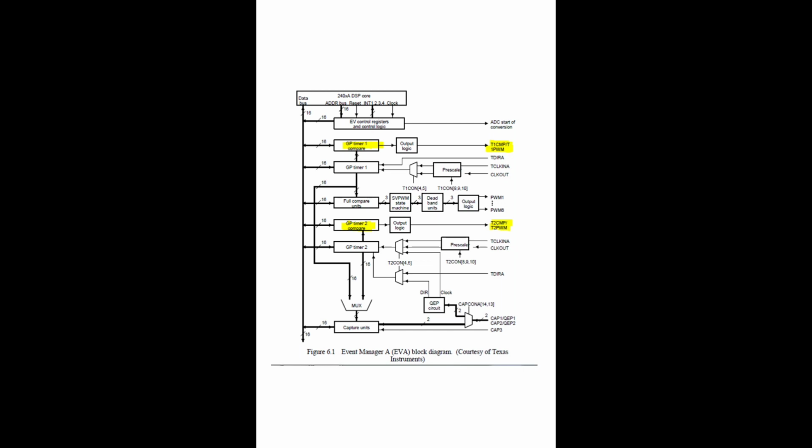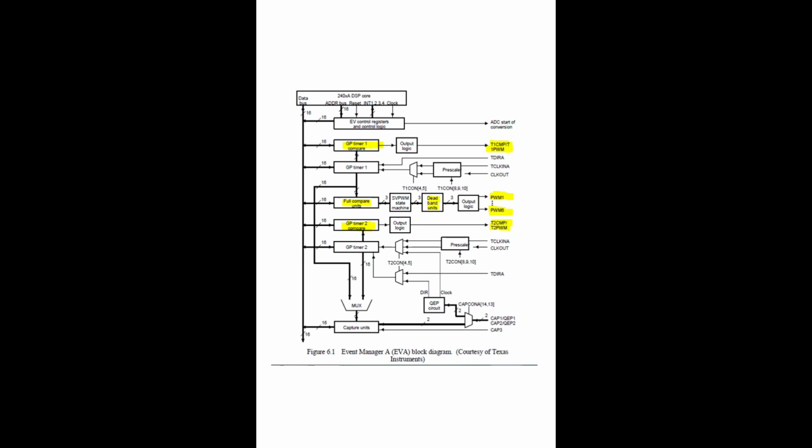If they ask you to generate 6 PWM, here you can see PWM1, PWM2, PWM3, PWM4, PWM5, and at last PWM6. So 6 PWM signals can be generated with the help of the full compare unit with the deadband circuit.